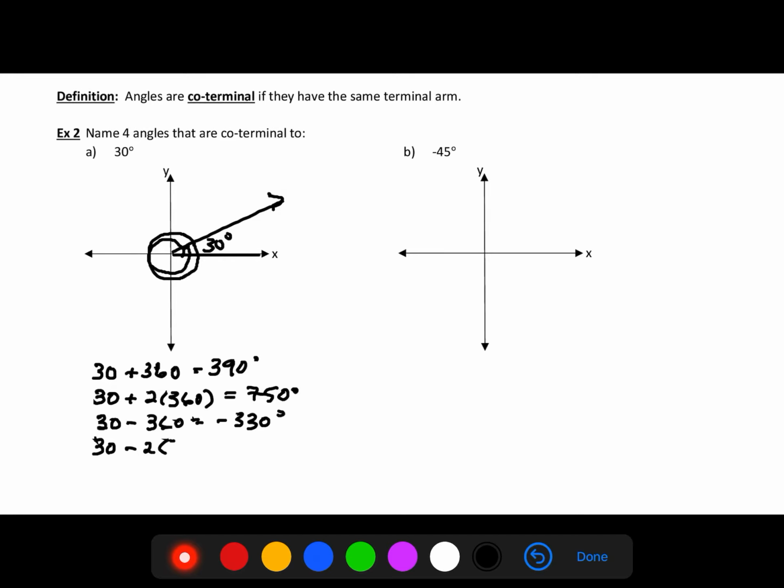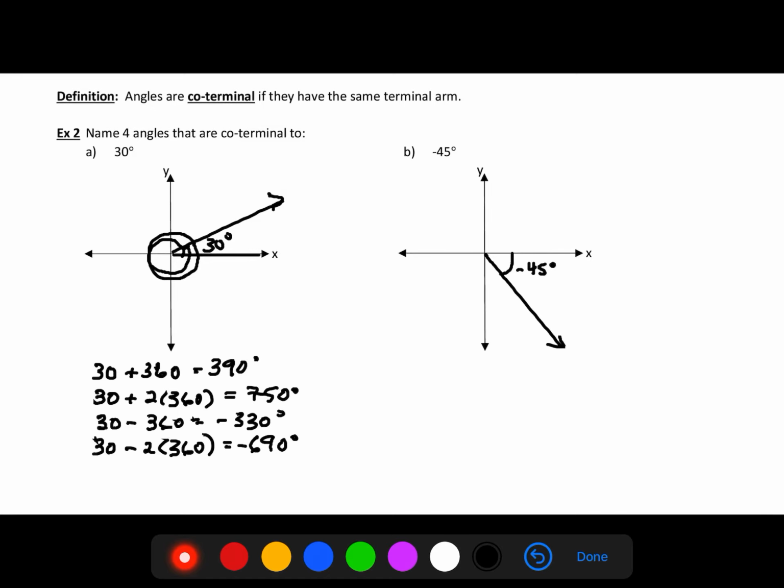And again, we could take 2 full rotations away from that, and an angle of negative 690 degrees would also have the same terminal angle. If we're looking at part B, we have a terminal angle creating an angle of negative 45 degrees.